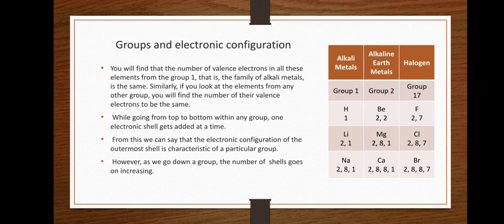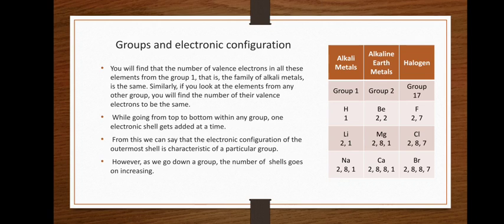Similarly, if we look at alkaline earth metals, group 2, beryllium is 2 2, that is the electronic configuration, right? So the number of valence electrons will be 2. Magnesium should be 2 8 2, right? There is a mistake here, it will be 2 8 2, and calcium will be 2 8 8 2, followed.